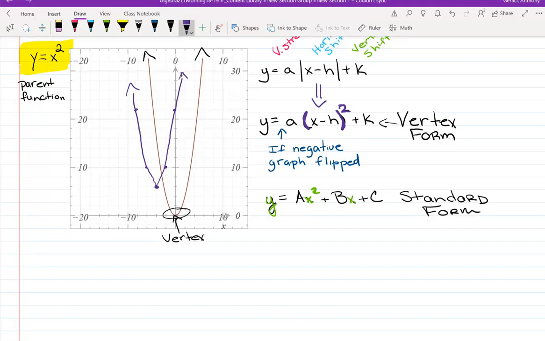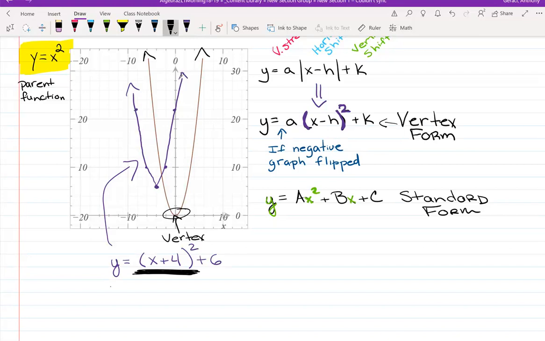If I did this in vertex form, it would be y equals (x plus 4), because I went over this way, and then, because this is the opposite, I go up 6, and then that's squared. So that's this in vertex form. Now I want to change this to standard form. So now in standard form, you have to multiply all this out, which means this is not x squared plus 16.